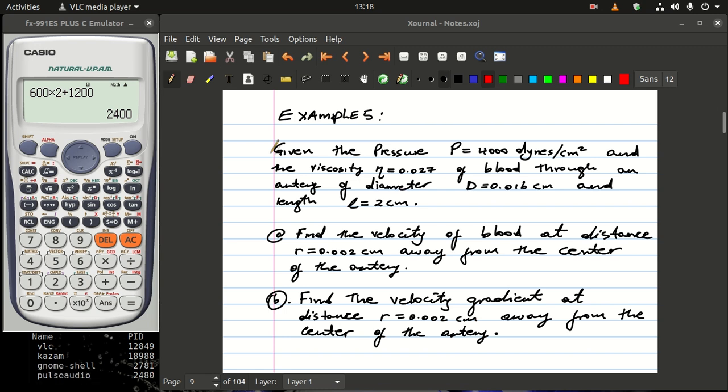Find the velocity of blood at distance R is equal to 0.02 centimeters away from the center of the artery. The second question is saying find the velocity gradient at distance R is equal to 0.02 centimeter away from the center of the artery. Okay, what is happening here is saying, okay, let me reread this again.